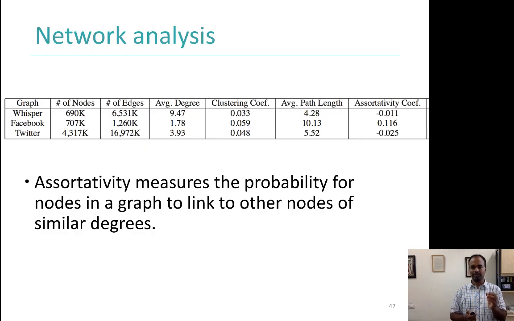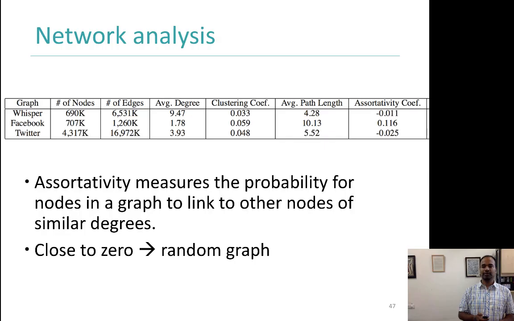Now let's look at assortativity. Assortativity measures the probability of nodes in a graph to link to other nodes of similar degrees. The closer the value is to zero, the more you can infer that the graph is a random graph.